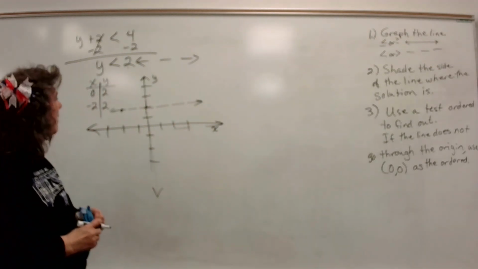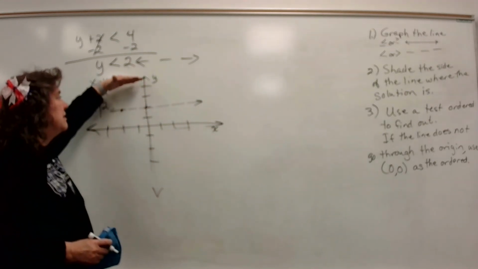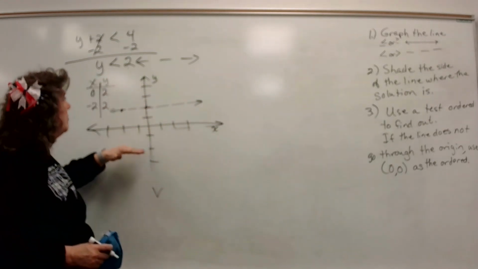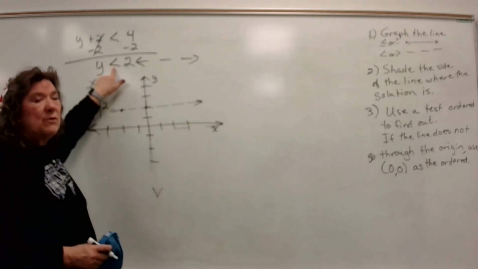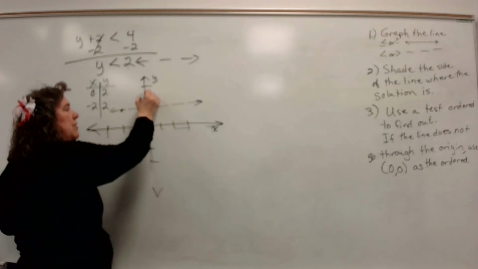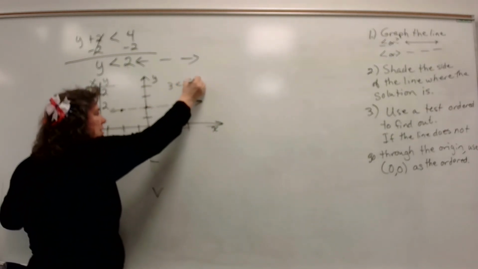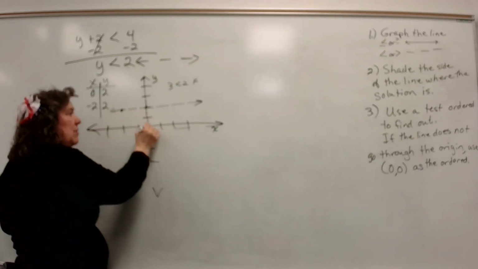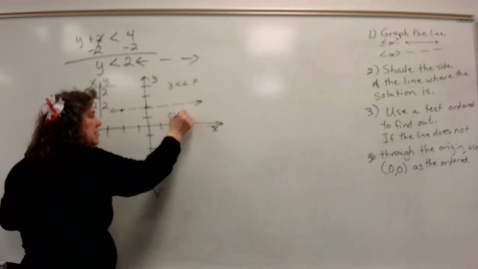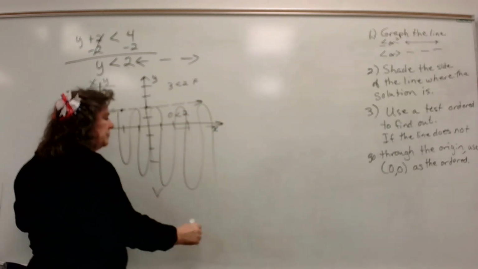Okay? So this is a dashed line, and now we need to know, is the solution above that line or below that line? It says that y has to be less than 2. So if I go up here at 3, is 3 less than 2? Nope, that's false. Is 0 less than 2? Yes. So my solution lies below.